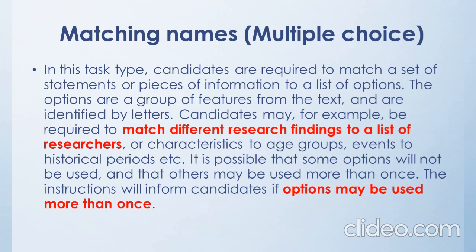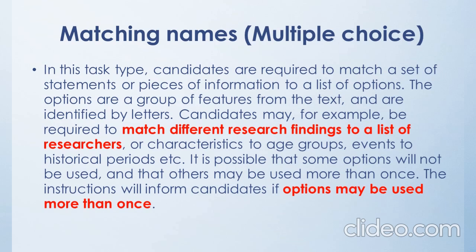So like here, you will be required to match different research findings to a list of researchers, or scientists. Or there might be characteristics matched to age groups, like children, adults, and elders, for example. Or events matched to historical periods, for example, 19th, 20th, and 21st century. So you may not always see names as you see here.